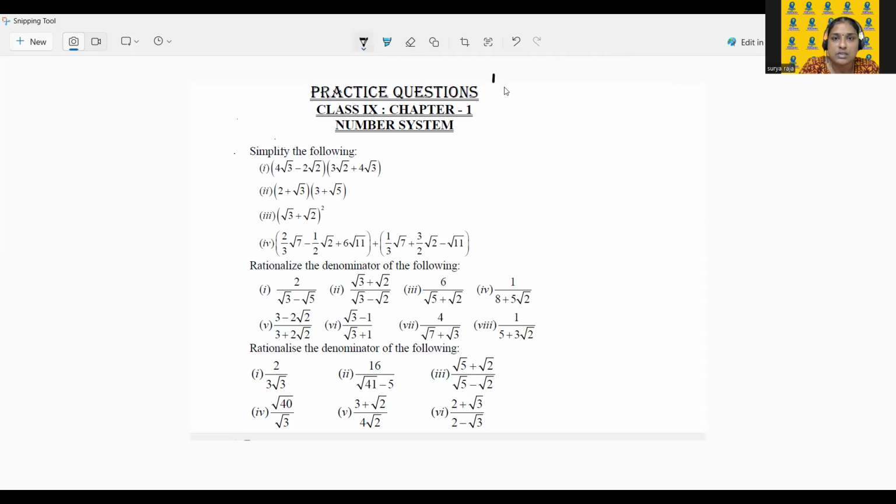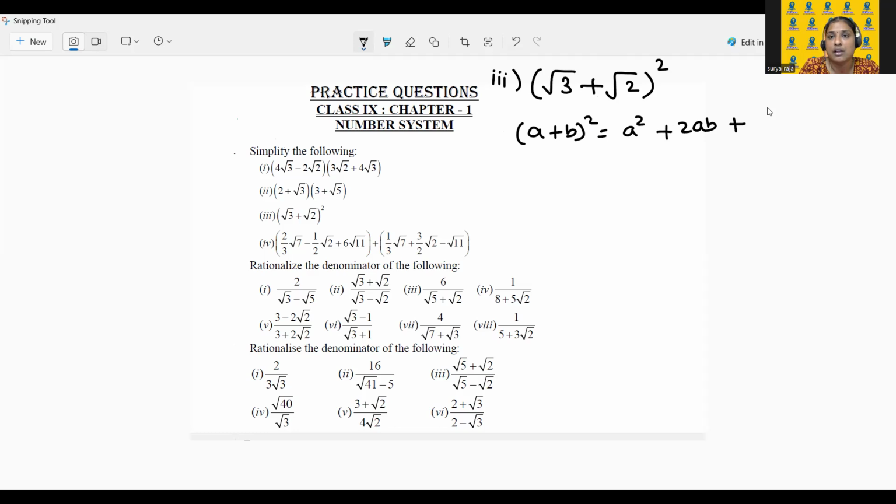Now, in question number 3, we have square root of 3 plus square root of 2, the whole square. Can we compare with an algebraic formula a plus b, the whole square equals a square plus 2ab plus b square? See, as you can compare the expression, I can write a as square root of 3 and b as square root of 2.